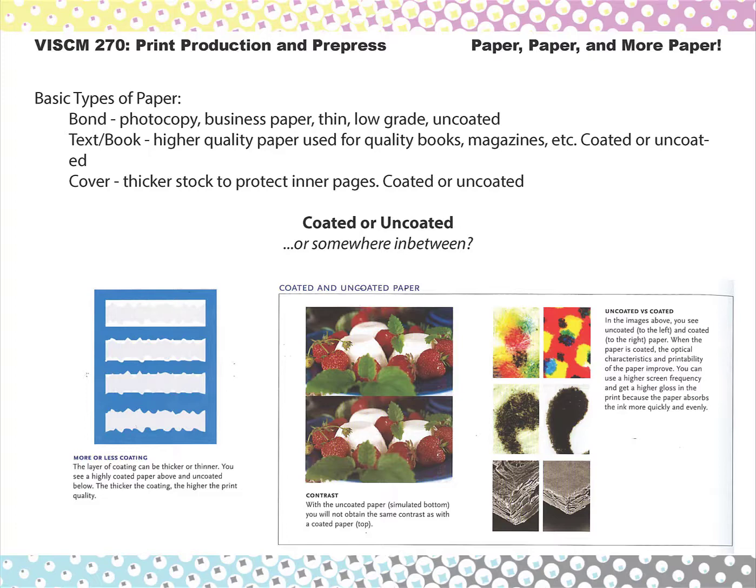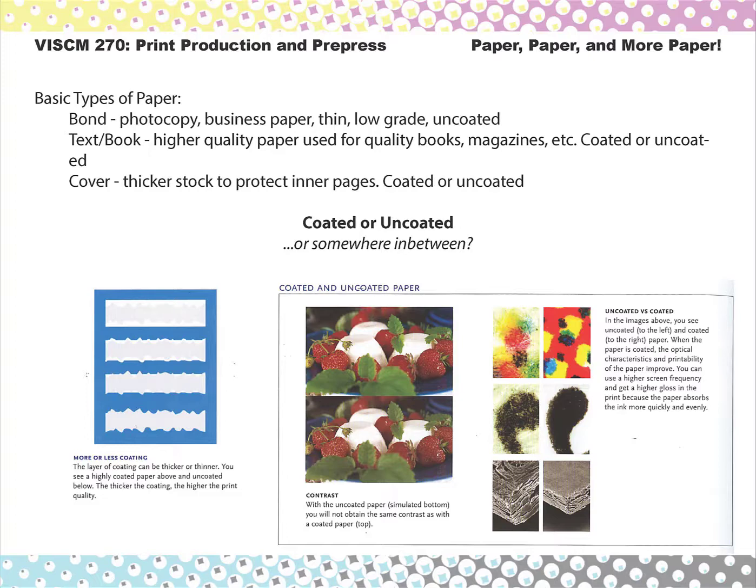These are generic, general terms. The cover paper is basically a thicker stock to protect the pages, and covers can be coated or uncoated. So when we look at paper samples, we'll be looking at these basic types of text and cover papers for commercial printing.